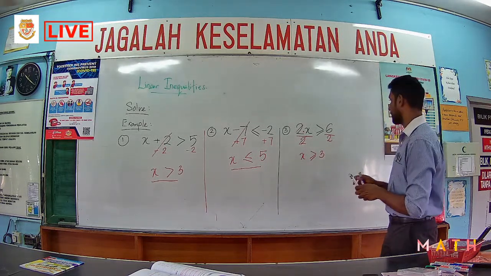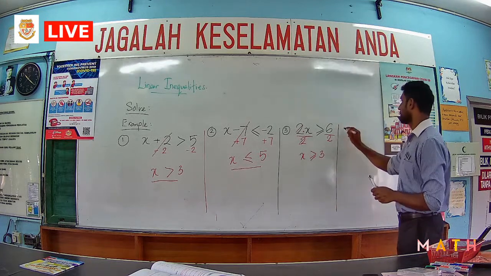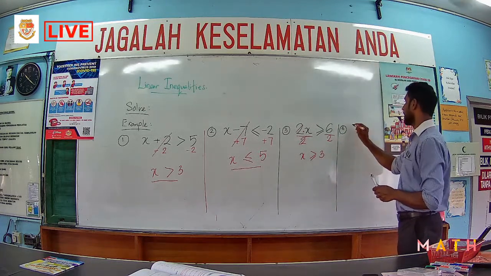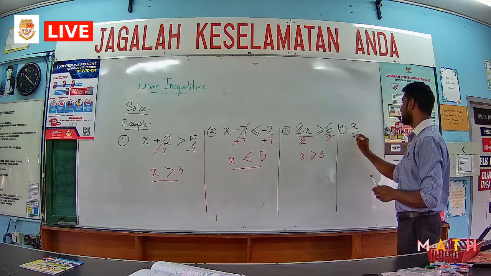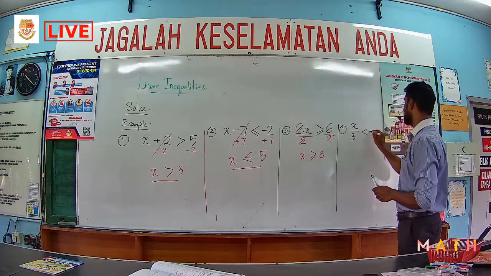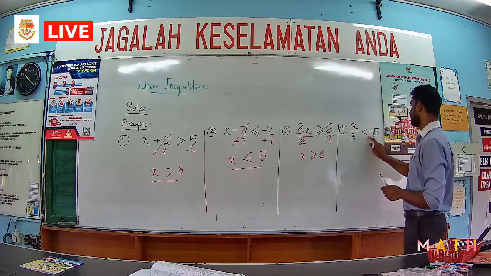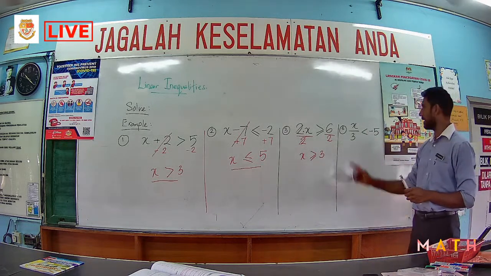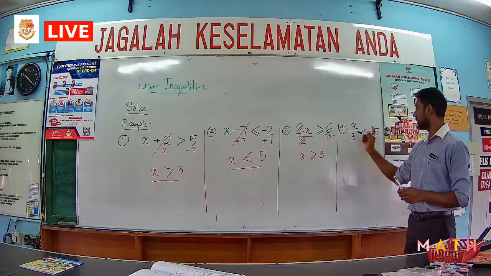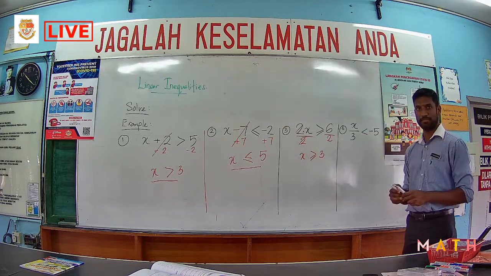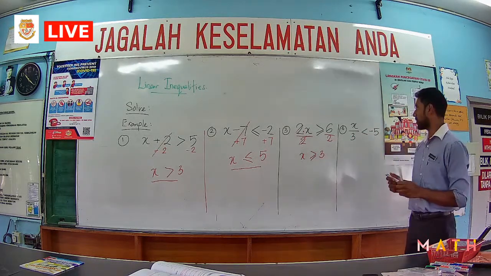One more example. x over 3 less than negative 1. Again, try to think about the idea.